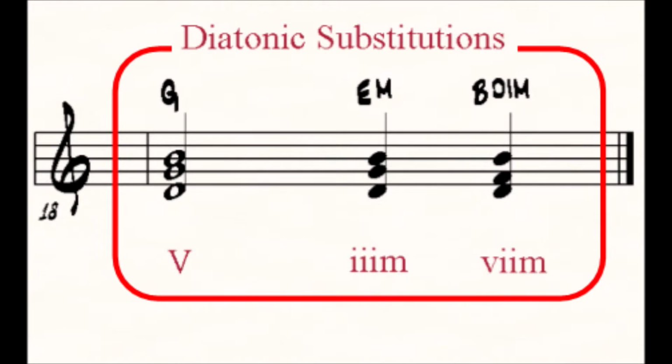The G has an E minor as a substitution. And it can also have the B diminished as a substitution too, mostly because it has the tritone in there, because it still wants to resolve to the root, or C.